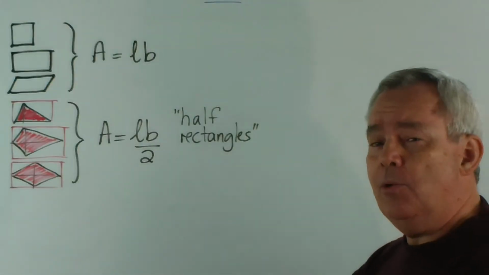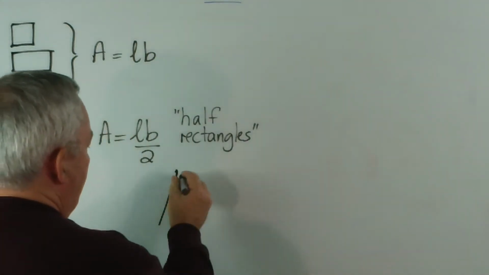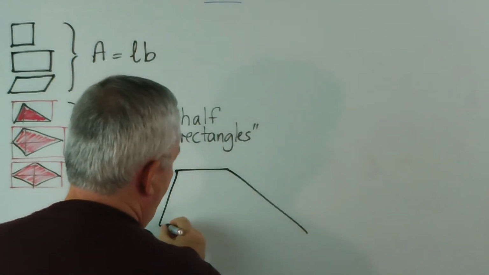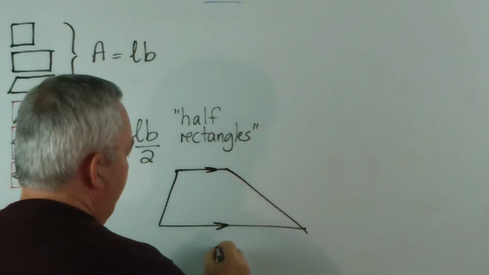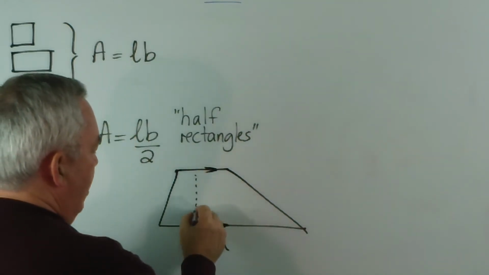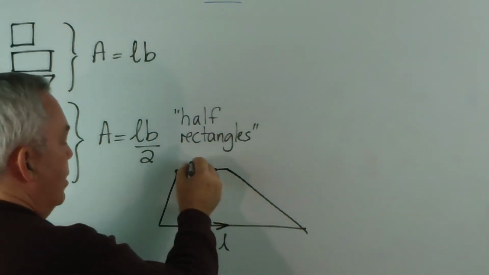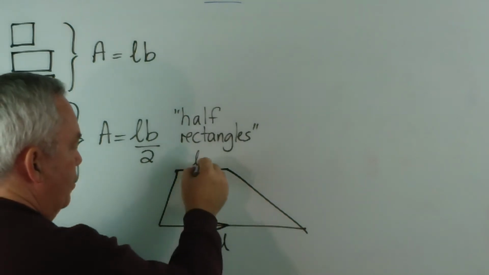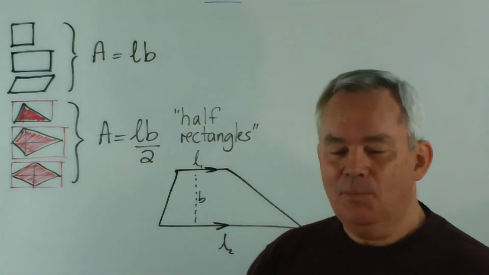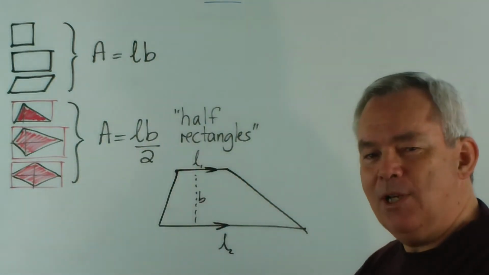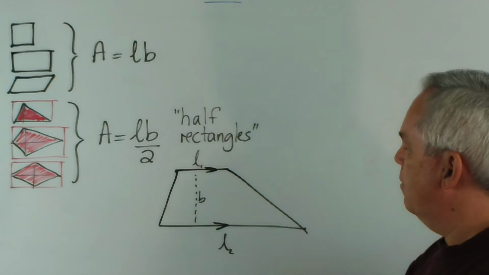Next shape, how do we find the area of a trapezium? Where this side is parallel with this, again we have a length and a breadth, but the length on the other side is different, so we'll call this a length as well. I'll call them L1 and L2. Might be fun for those of you brought up on bananas and pyjamas, but still, length 1, length 2 and the breadth.